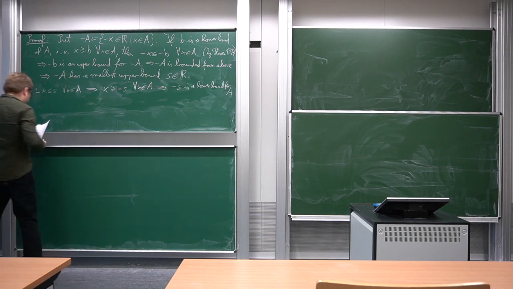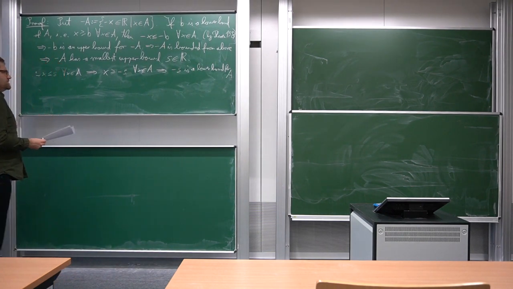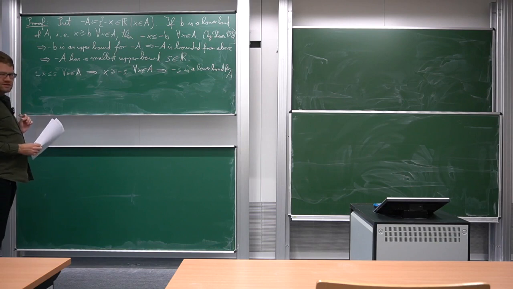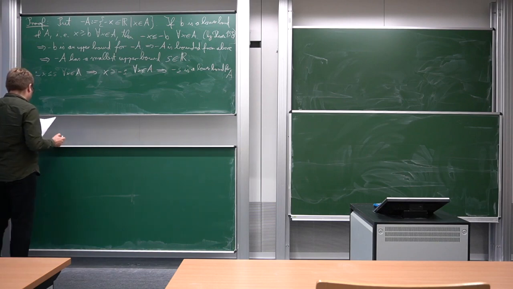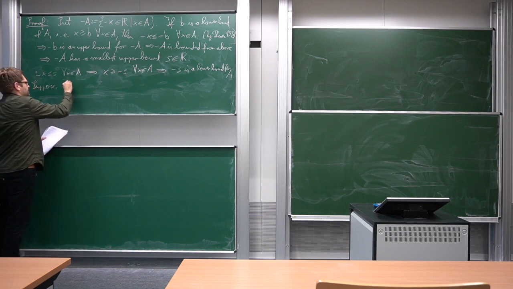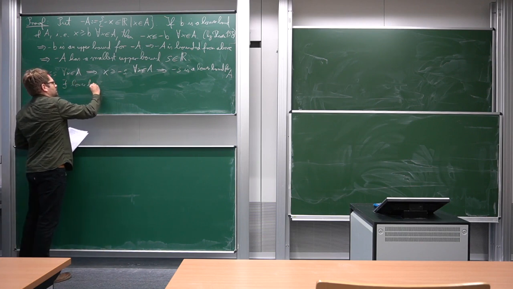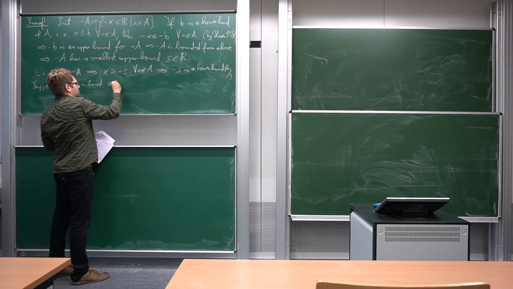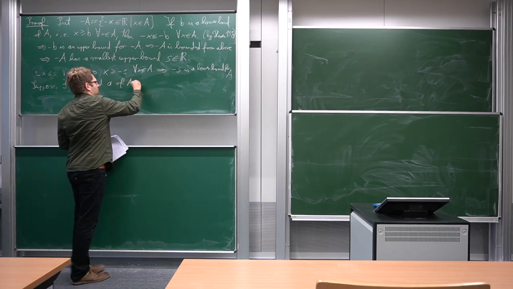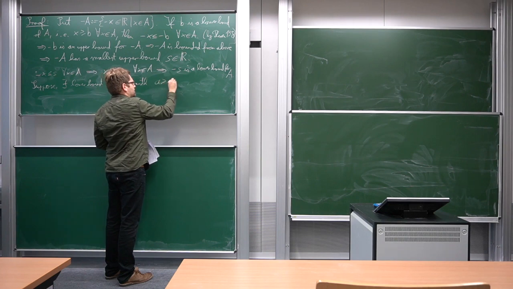Just by definition. So the idea is now that we want to show that this is indeed the biggest lower bound, and there's no bigger one than minus s. Suppose we have a bigger one. Suppose there exists some lower bound small a of A, which is bigger than minus s, so with a bigger than minus s.